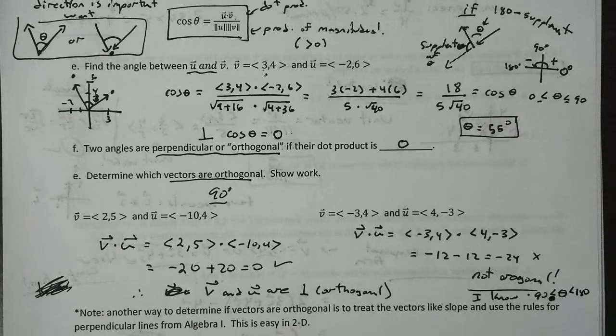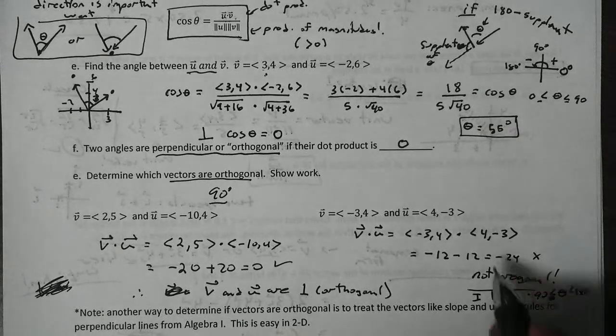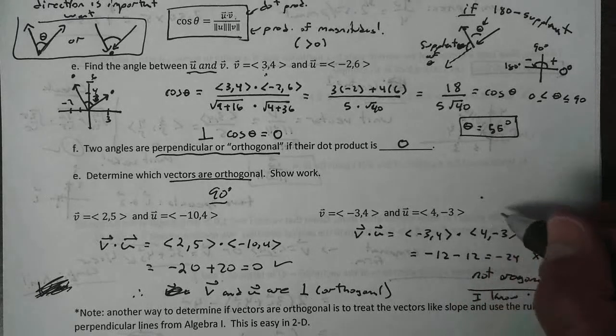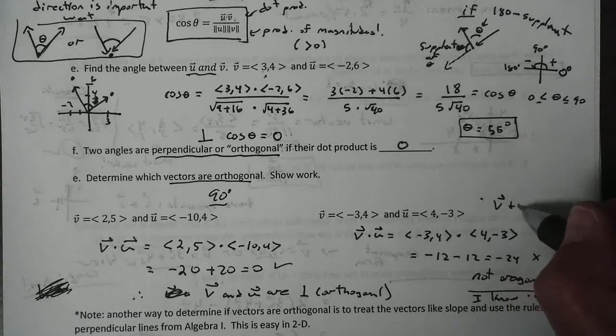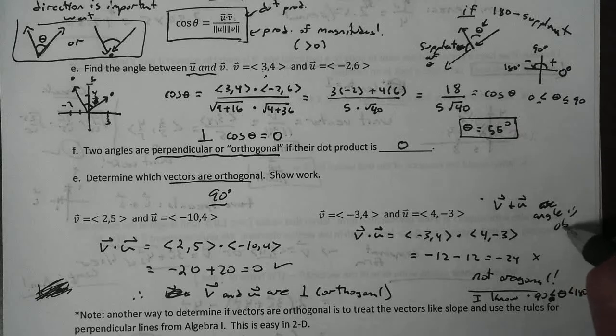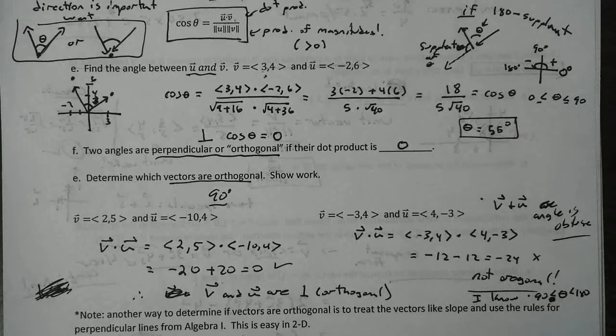I know theta has to be between there. In other words, this is going to be an obtuse angle. I can say for definite now, I know that the angle between v and u is obtuse, because I can just look at that number.